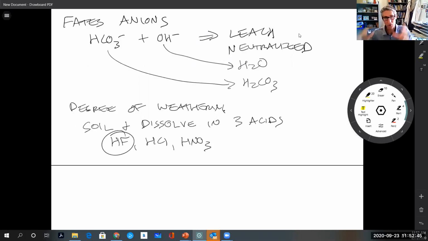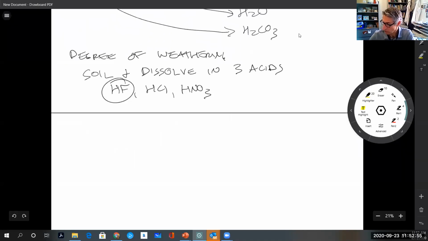So we take a soil, right? And we want to determine the extent to which weathering is occurring or has occurred. And so what we do is we dissolve that soil and then we measure the quantities of silicon, iron, and aluminum.